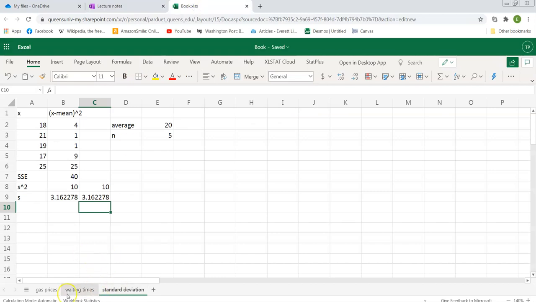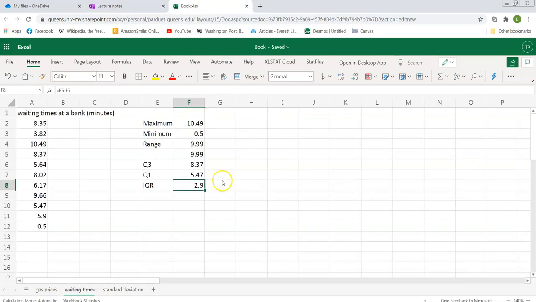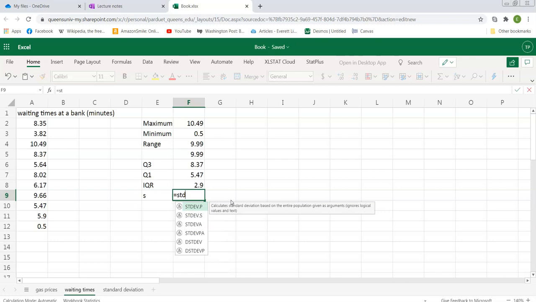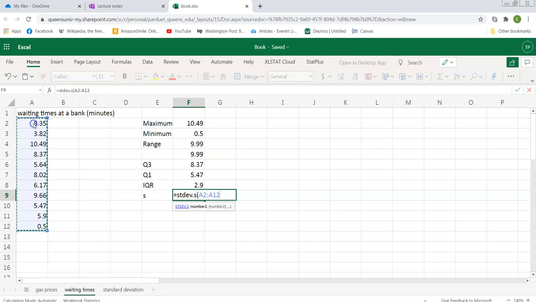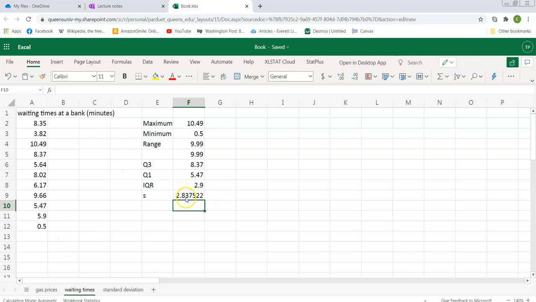So if you're calculating over here the standard deviation of this data, we get 2.84. This is 2.84 minutes. So you should report the units with the standard deviation, not with the variance or the sum of the squared errors.